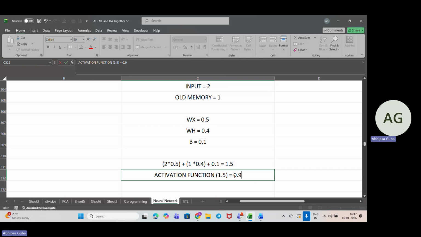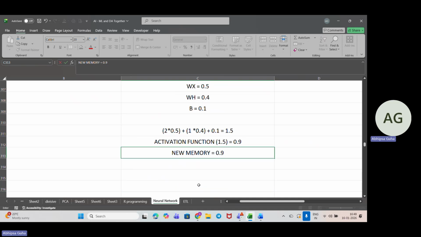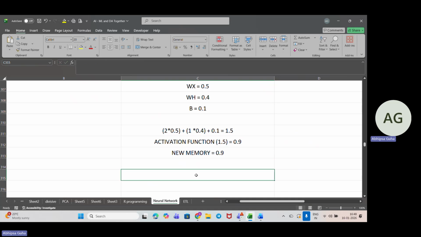So this is my new memory, 0.9. Now this memory goes down to the next step. So in a way, how it is moving, we have an input plus memory combination, we are thinking over it, and then we are having the new memory. This is the entire idea.